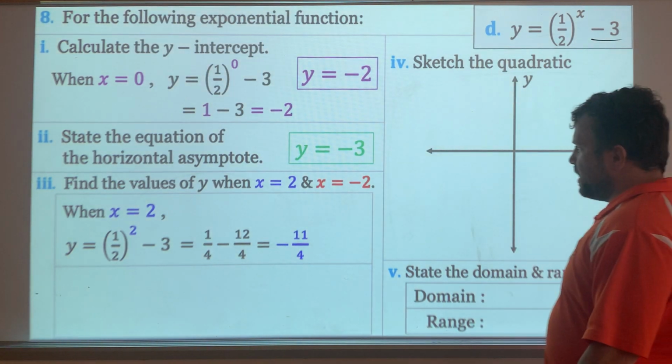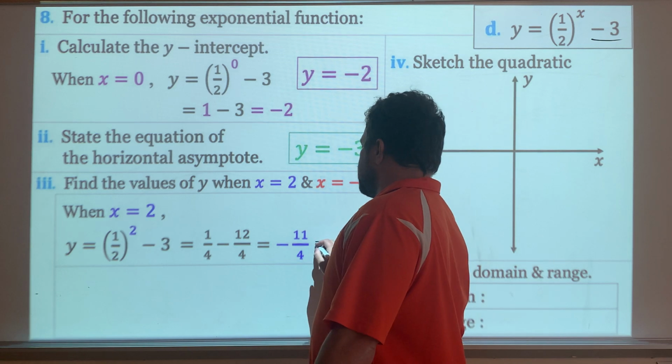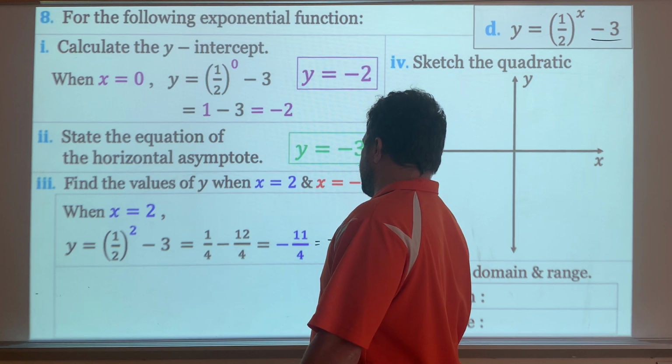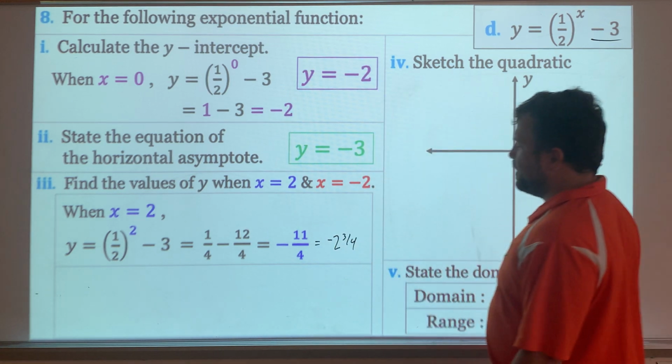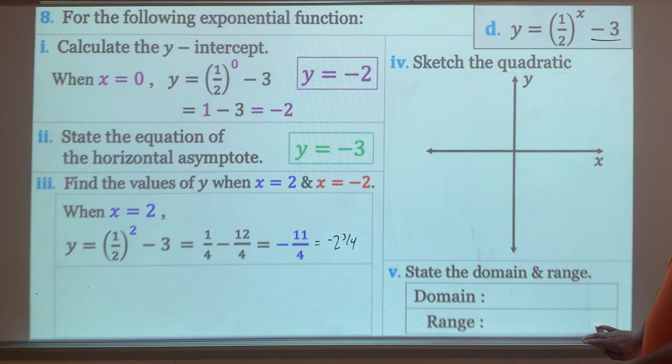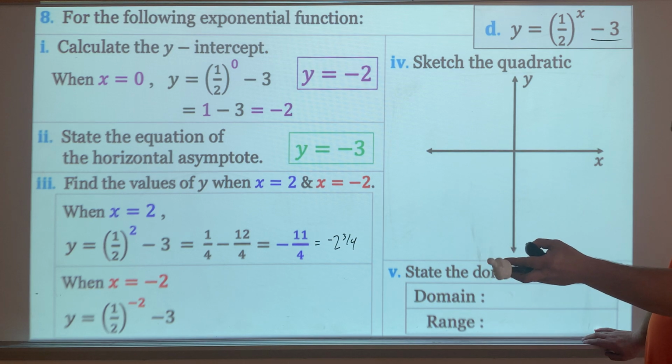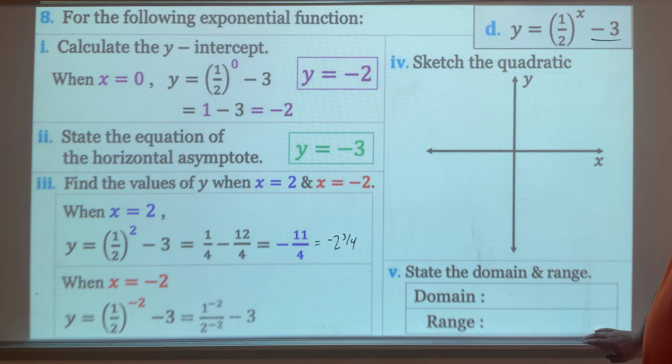Now, if you don't like using -11 over 4, you can also just say negative 2 3/4. Okay? That makes you happier. When x equals -2, 1/2 to the -2, remember you inverse the fraction, so it's 2 squared over 1 squared, right? Which is 4 over 1, minus 3. 4 minus 3 is 1.